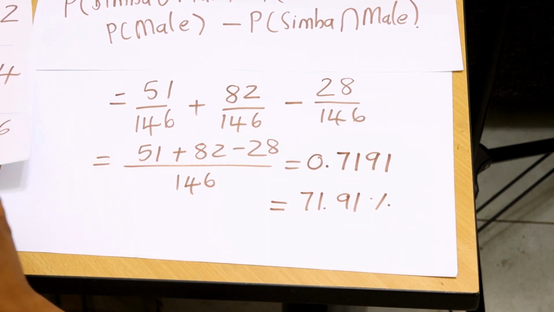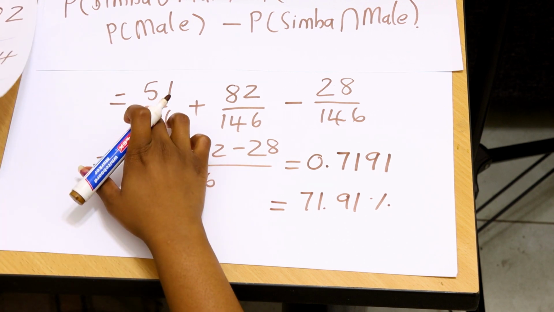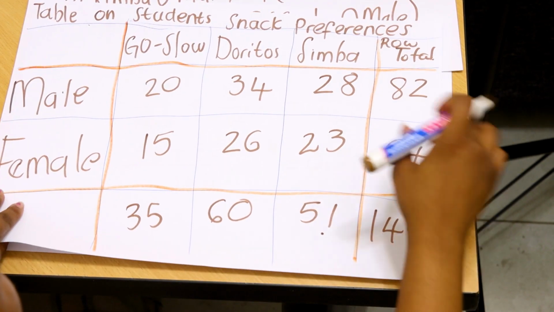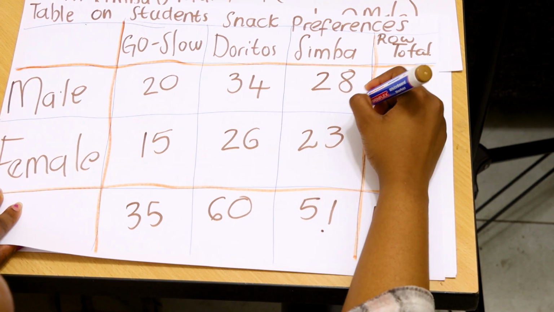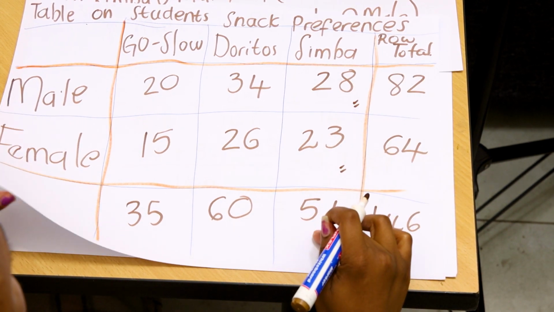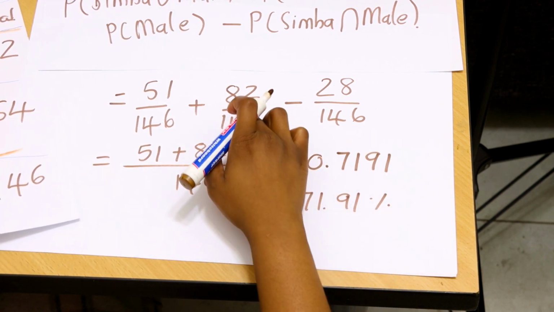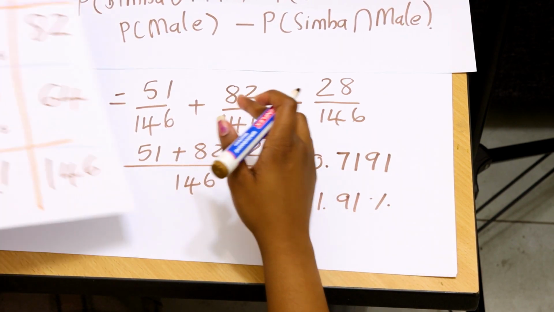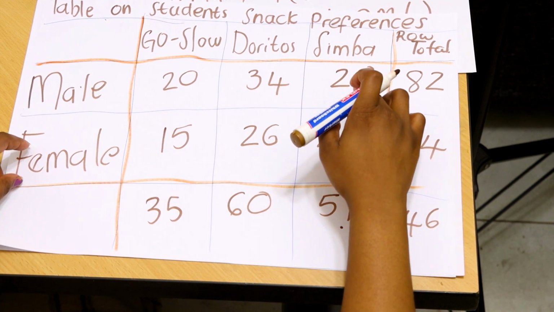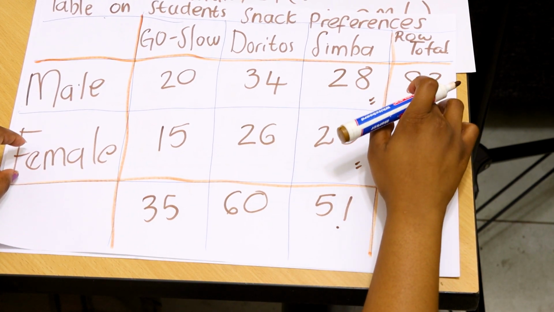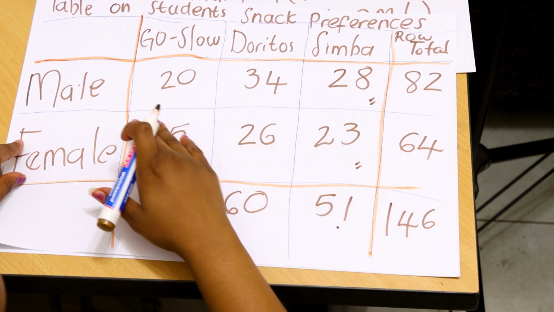So just to re-explain to those who don't understand why we subtracted the intersection of 28. As you can see, this 51 is given by 28 plus 23. And this 82 is 20 plus 34 plus 28. As you can see, we include the 28 twice.